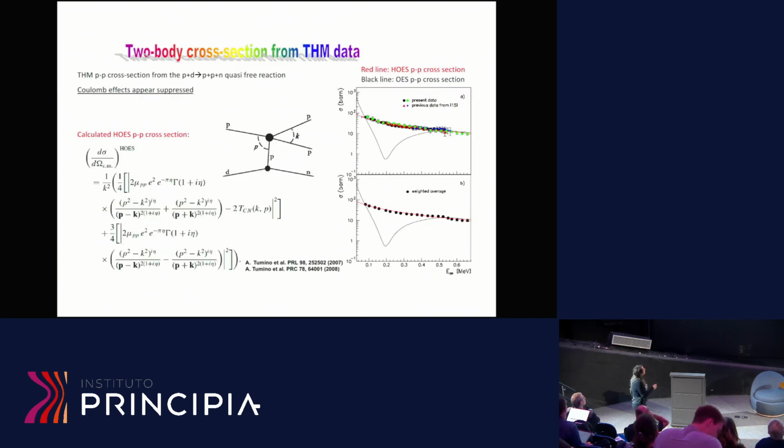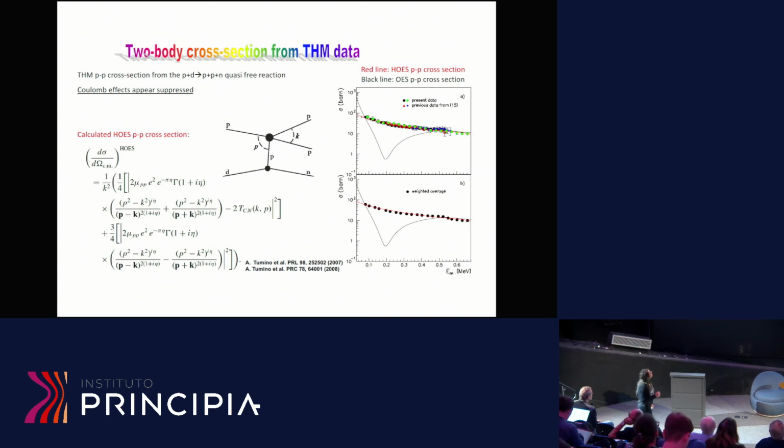So what we did, in former times, almost 18 years ago, we made an experiment in order to test the methodology, in order to better understand the suppression of the Coulomb effects. And we measured the proton-proton elastic scattering by doing the PD to PPN quasi-free reaction.